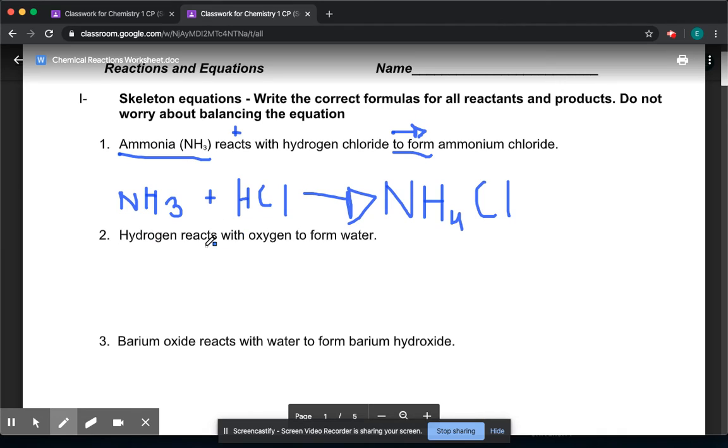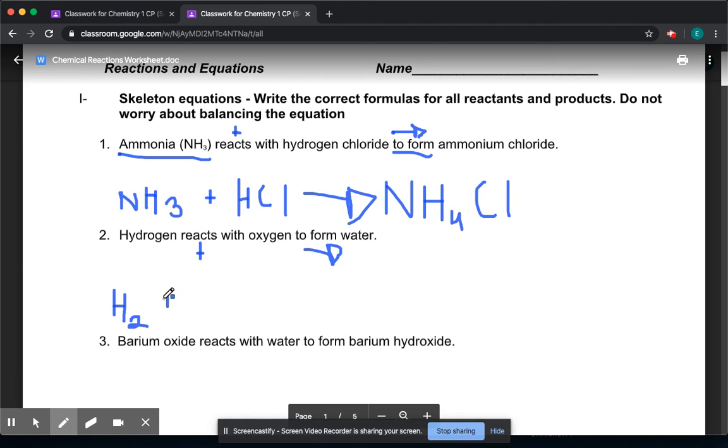Number 2. Hydrogen reacts, symbol for plus, with oxygen to form. To form, and what are we making? We're making water. Hydrogen is one of those things that lives in pairs, so it would not be just H, it would be H2.